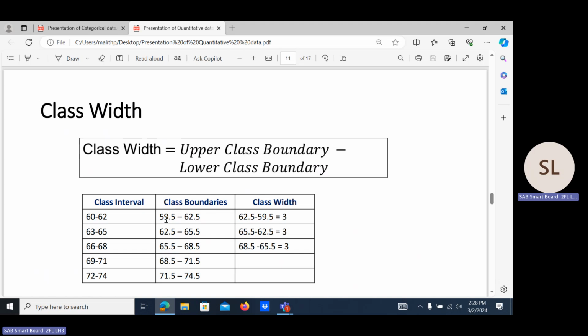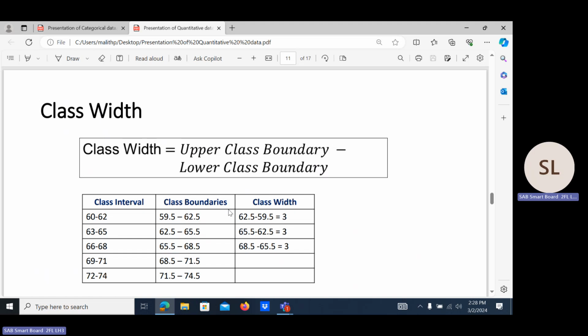Then take the difference between these two values, and we call that the class width. Understood?